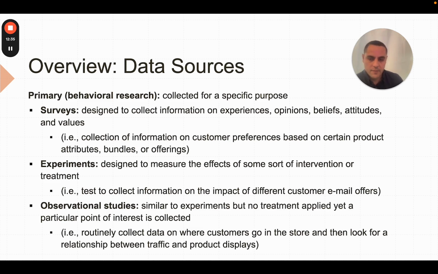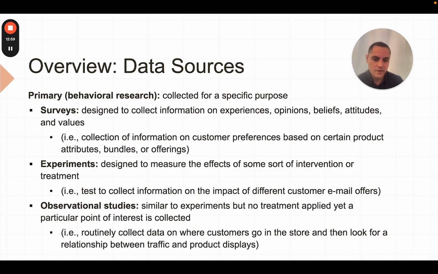The third main type of primary is observational studies. Those are very similar to experiments, but no treatments applied. So really just functioning as a fly on the wall, right? We're watching something. This could be done through video, it could be done in person, and we're going to routinely collect some data.